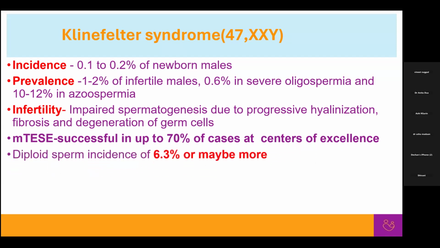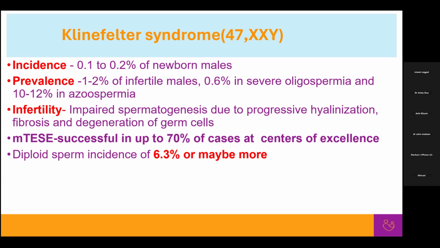Because of the mosaic karyotype, focal areas where the normal karyotype can be seen in the gonads, that is why we are able to retrieve the sperms. And diploid sperm incidence can be 6.3% or maybe more. That means we usually get the haploid sperms, but in these cases, because the karyotype is already 47,XXY, we can get diploid sperms as well.